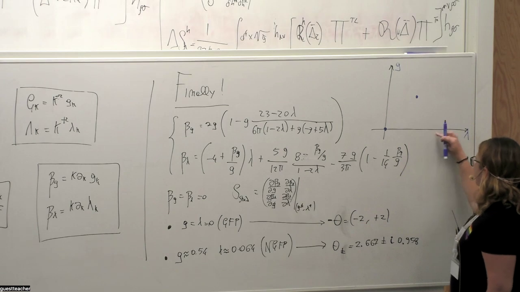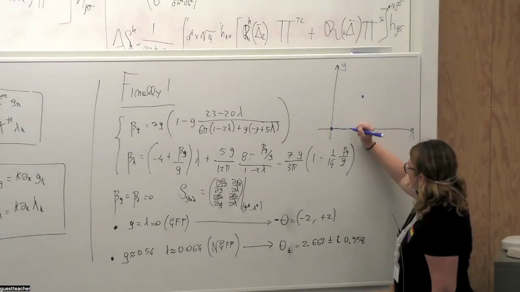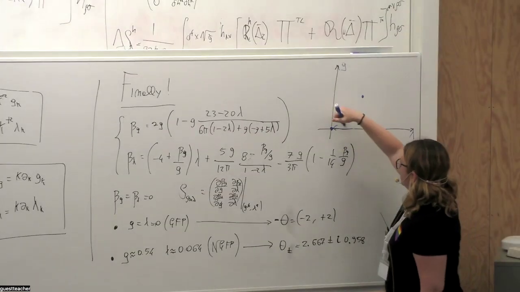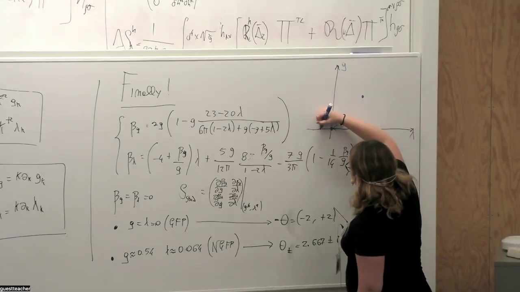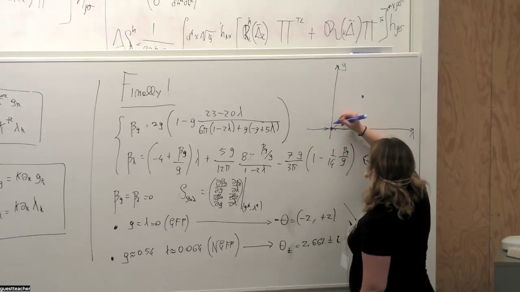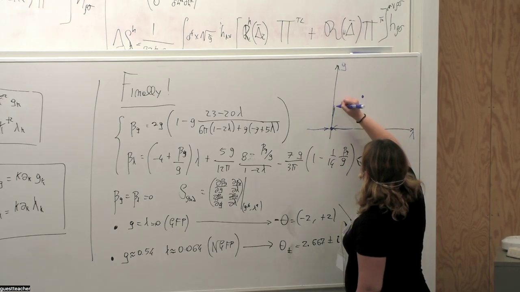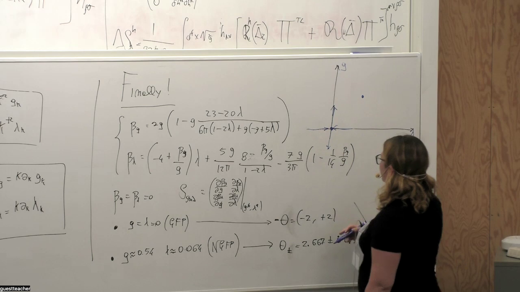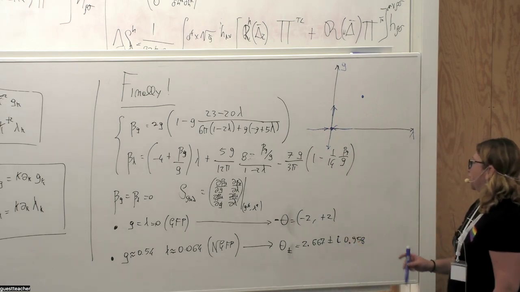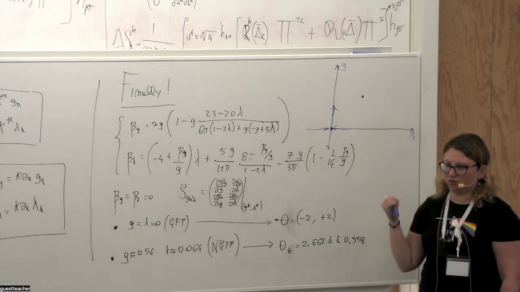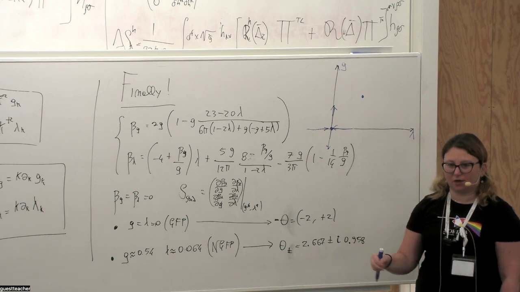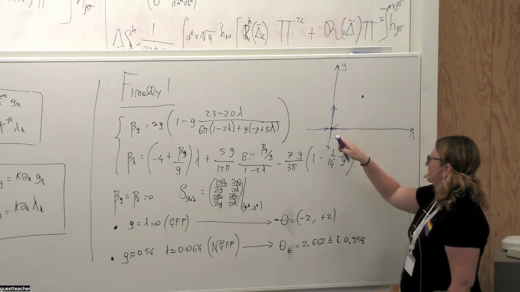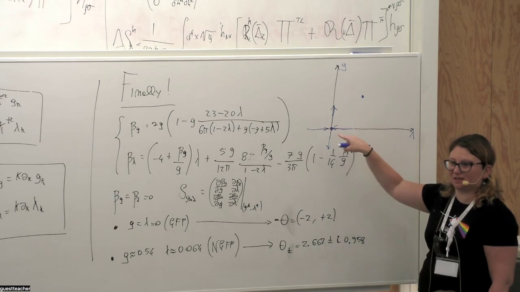This direction is attractive because the canonical mass dimension of lambda is +2. But the Newton coupling has negative mass dimension. So we know that from general relativity, and this is what leads to perturbative non-renormalizability. So we have that this is not fully attractive, it is a saddle point.